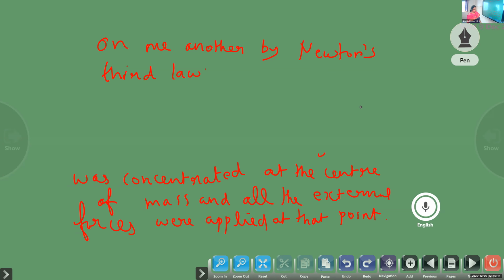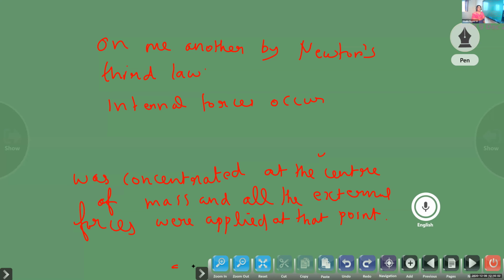Another by Newton's third law. Therefore, internal forces occur in equal and opposite pairs, and the sum of the internal forces is termed to be zero.